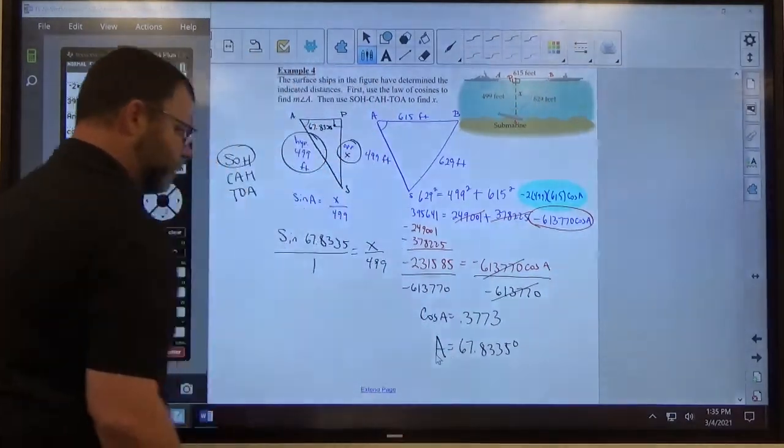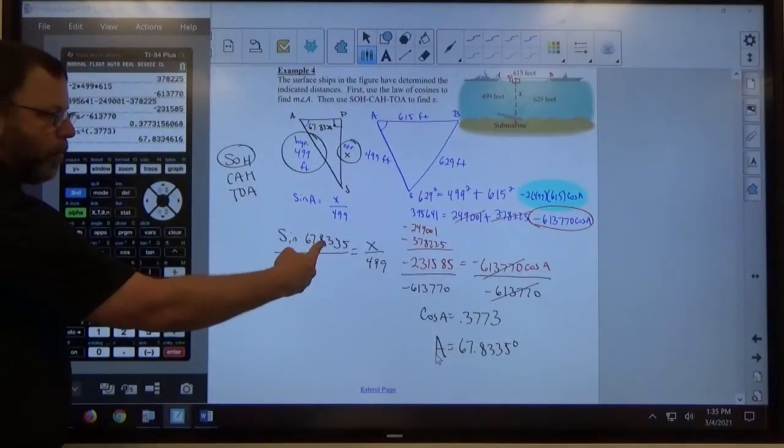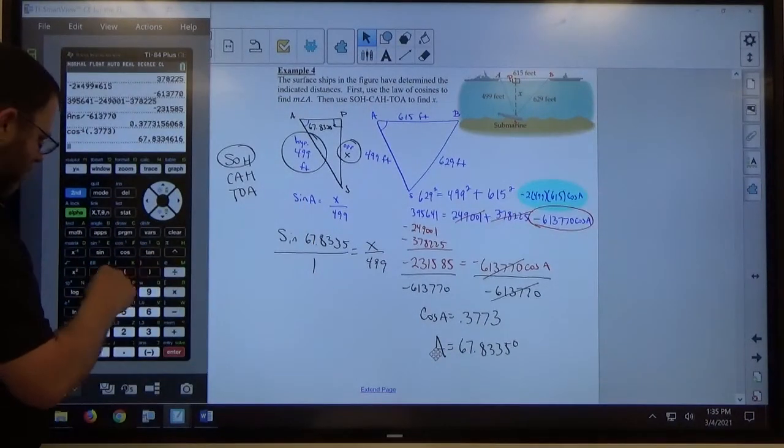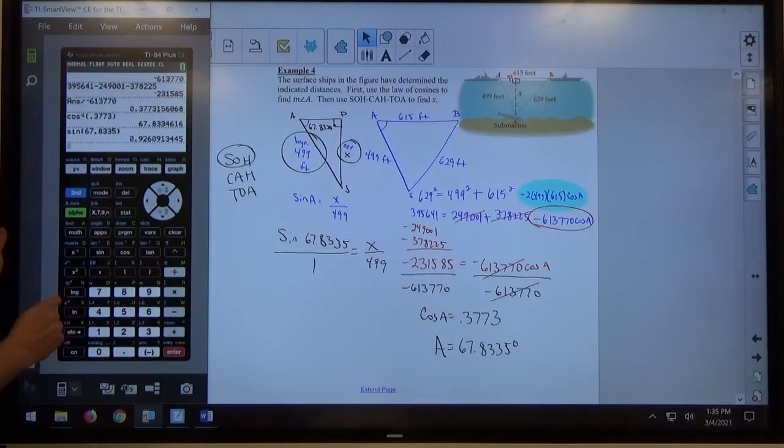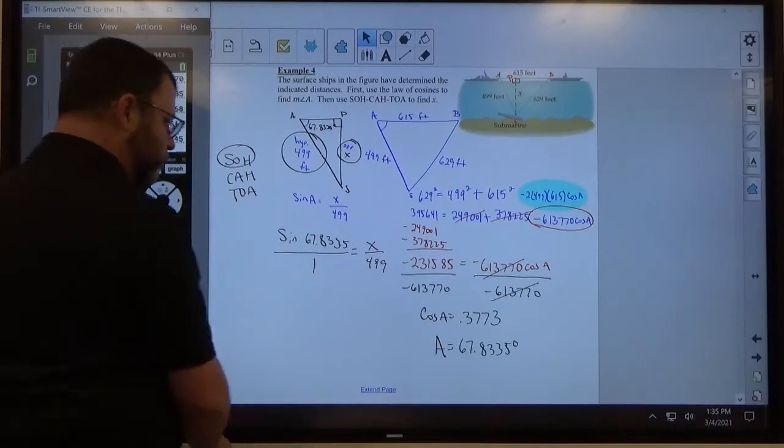Okay. Just replace A with what A equals. My calculator knows that the sine of 67.8335 is equal to 0.9261.